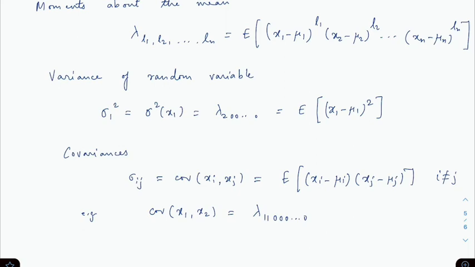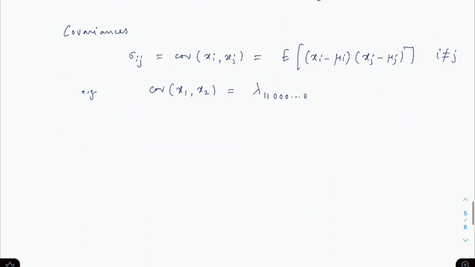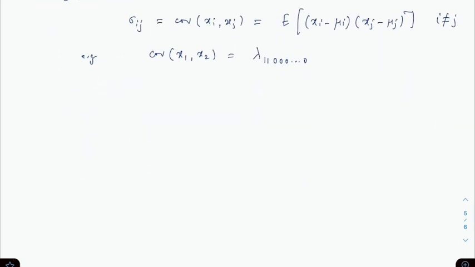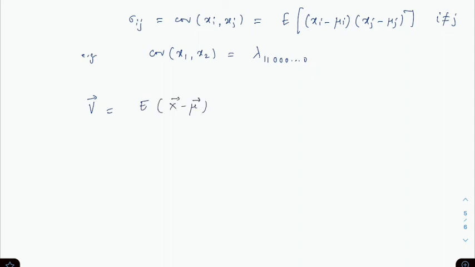The variances and the covariances can be written in matrix form, called the covariance or the variance matrix. So we have this matrix V, which is given by E of (x minus mu)(x minus mu) transpose. So notice this is an outer product of the vectors, and the elements basically become sigma 1 1, sigma 1 2, all the way up to sigma 1 n in the first row. Similarly, we have sigma 2 1.